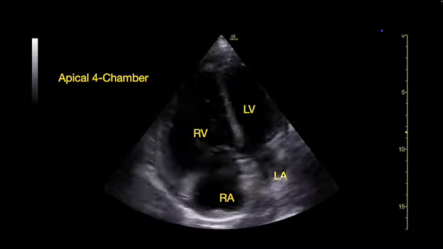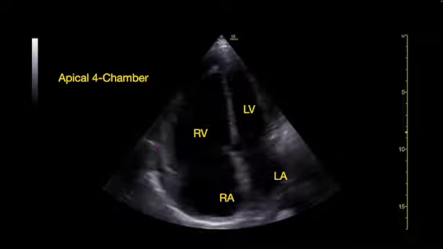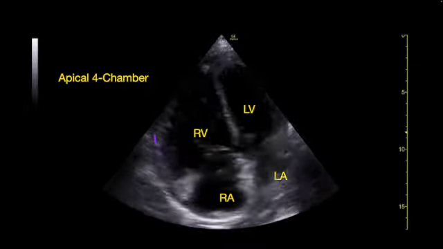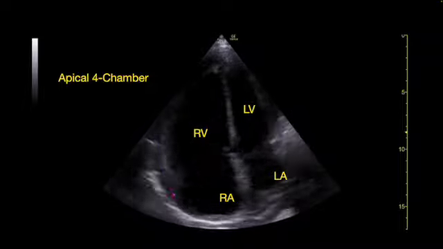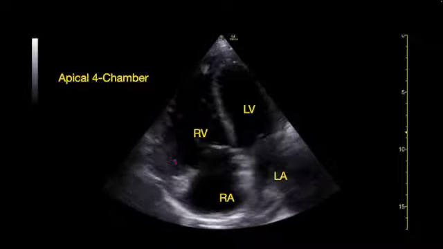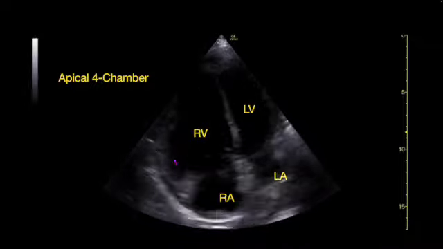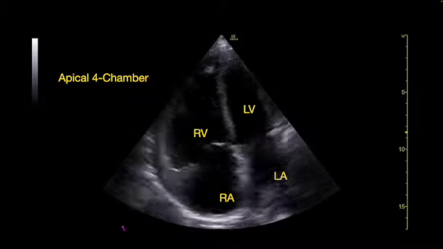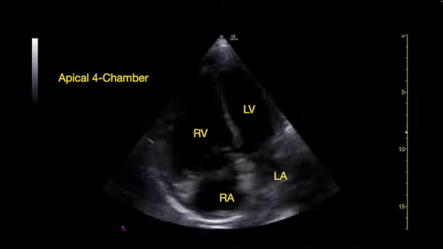Is there any fluid around the heart? I would argue yes. There looks like there's this thin anechoic area, so maybe minimal fluid, all right? It doesn't seem to be causing any significant pressure or collapse of the chambers that it abuts. All right, so small pericardial effusion.